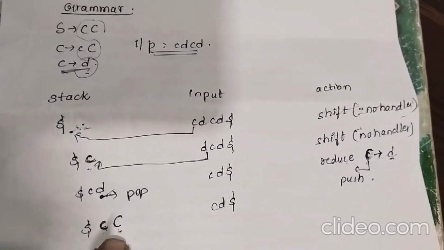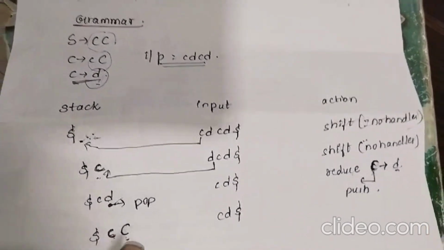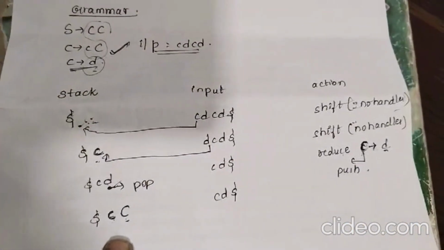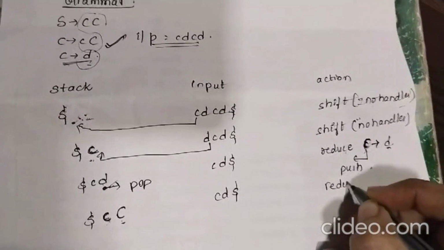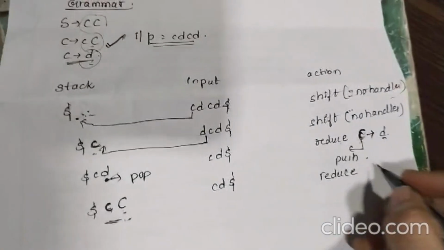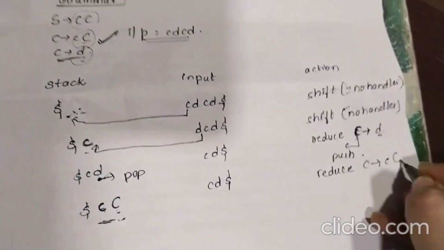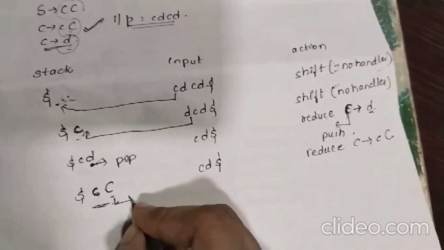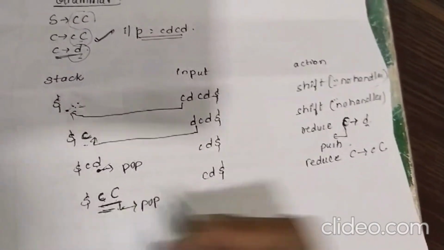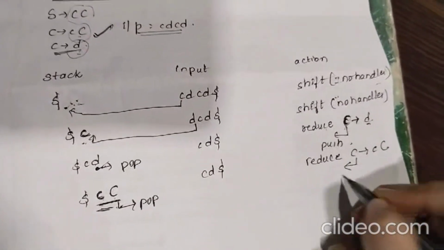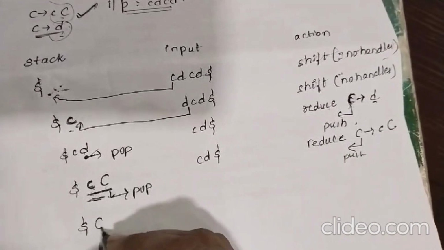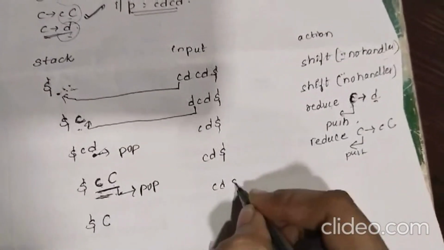But we have combinedly small c and capital C. Small c, capital C. So if handles are present in the stack, we need to reduce, which is deriving this expression. So capital C derives small c, capital C. Now you need to pop this fully and just push this. Okay. Dollar, capital C, CD, dollar.